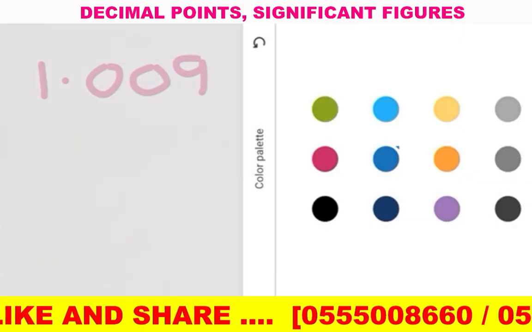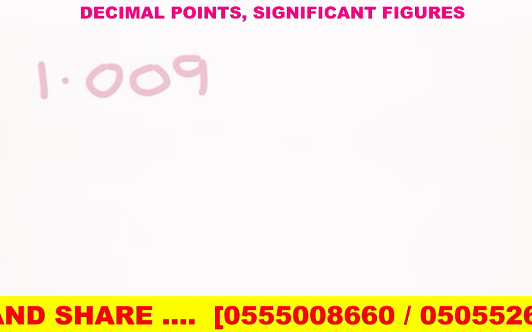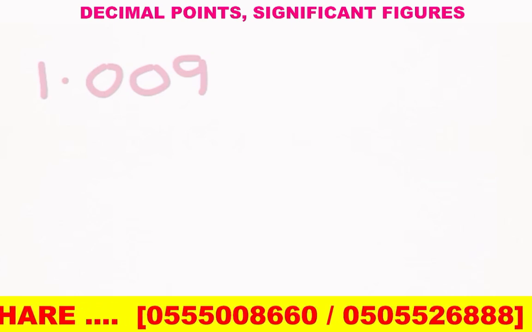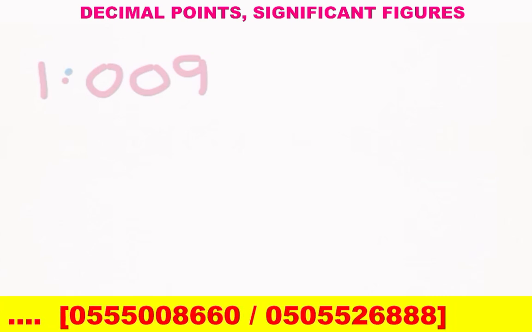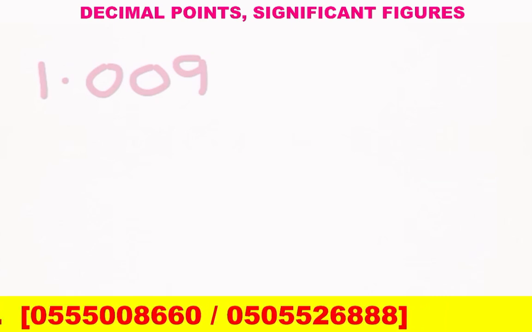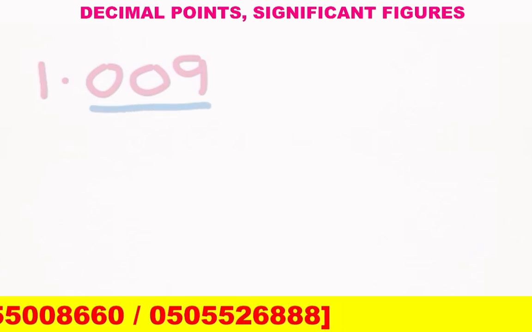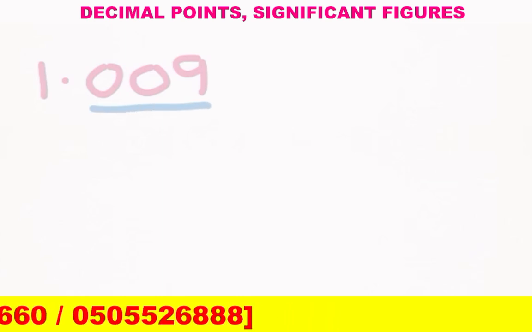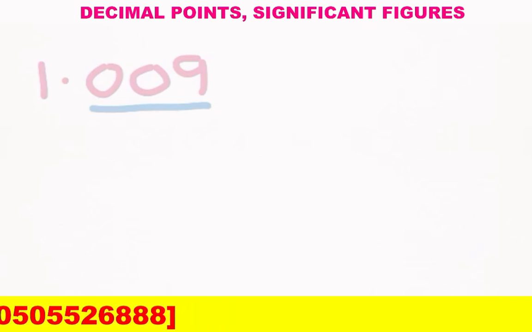Now, as I said earlier on, when we talk about decimal places, our focus should be on the numbers that come after the point. Now, ask yourself, where is the point? This is the point. And which numbers come after the point? These are the numbers. So ask yourself, how many numbers are after the point? We have the first one, second one, and the third one.